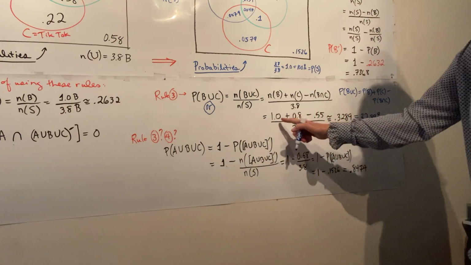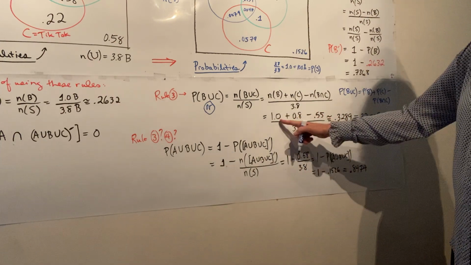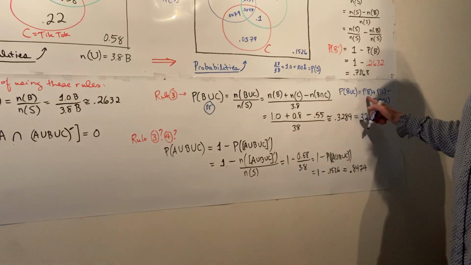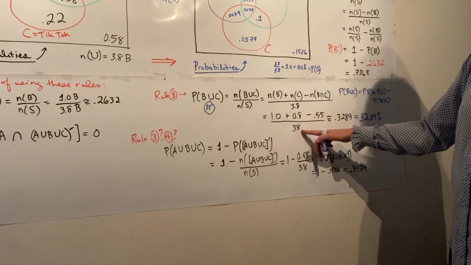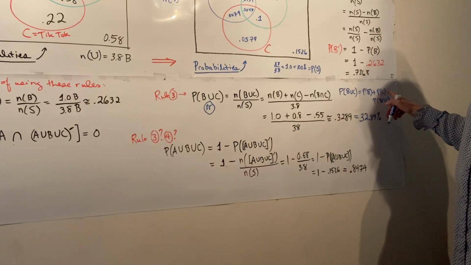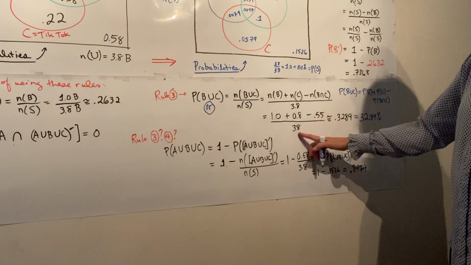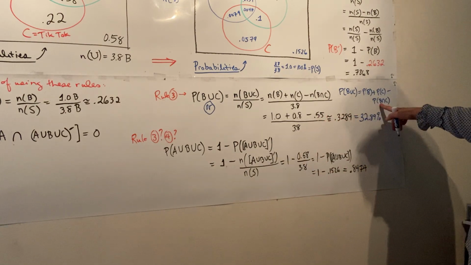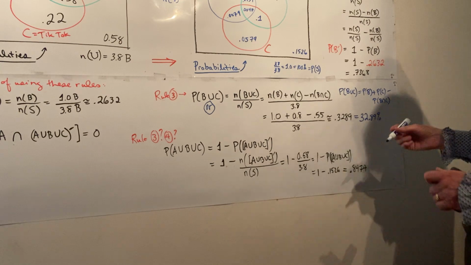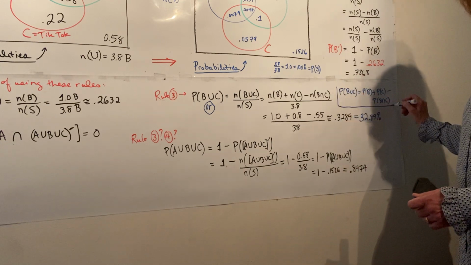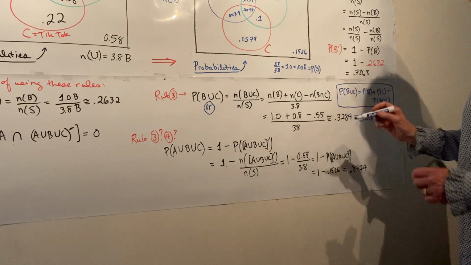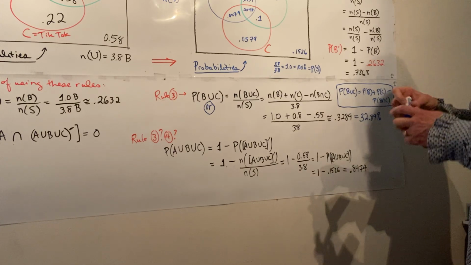If you just break up this expression here, you have 1 over 3.8, that's this probability, 0.8 over 3.8, that's the probability of C, minus 0.55 over 3.8, that's the probability of their intersection. So you can go ahead and just use that rule if you have those probabilities already worked out.